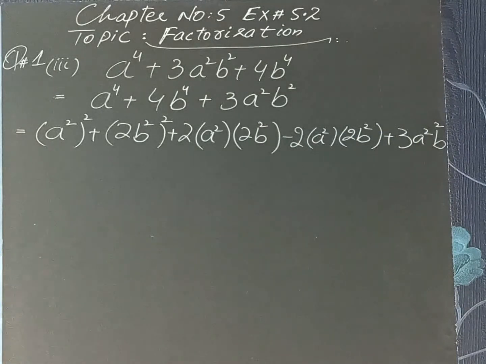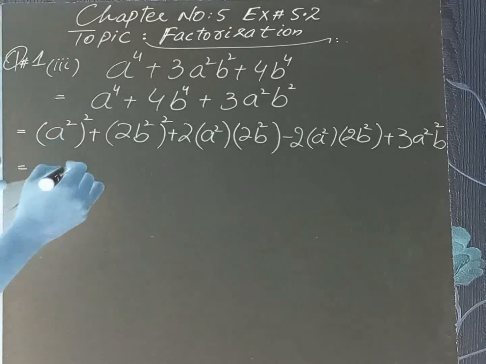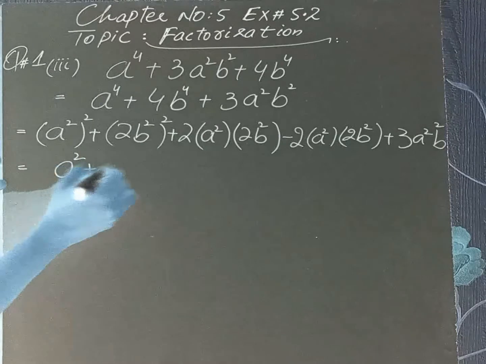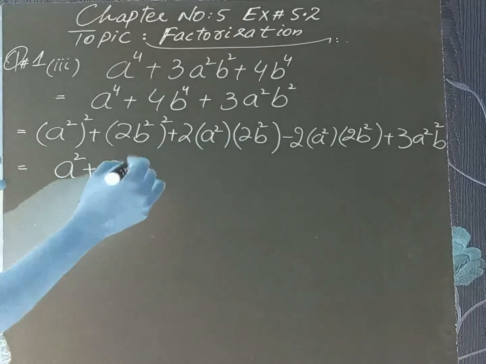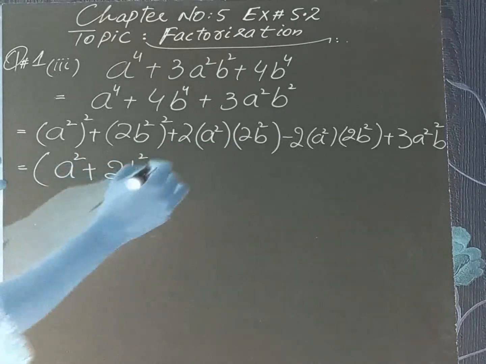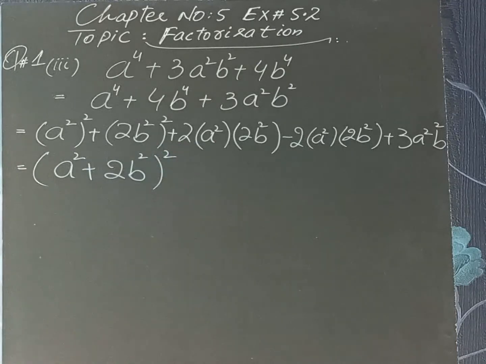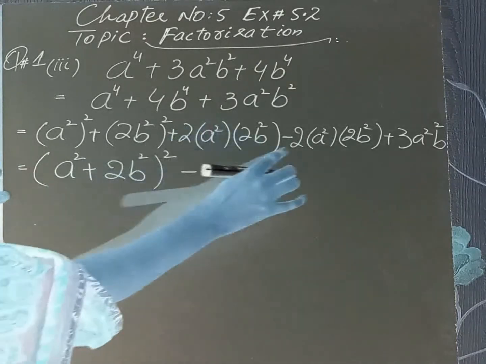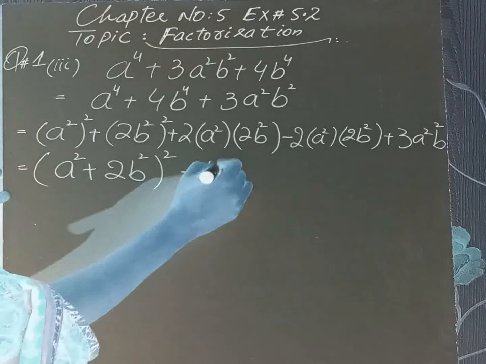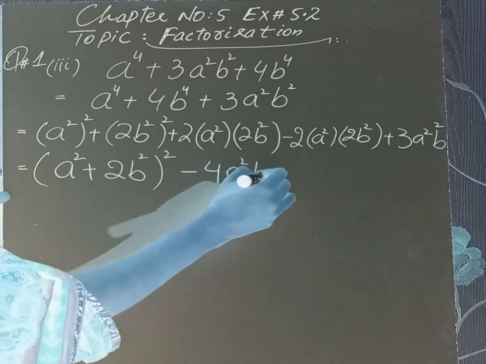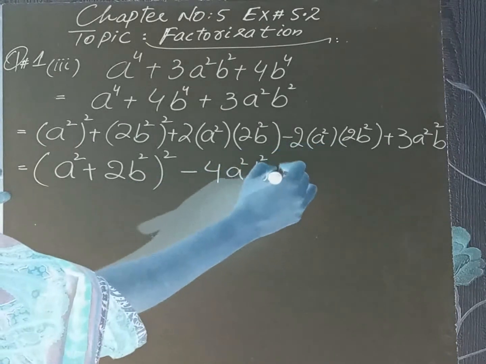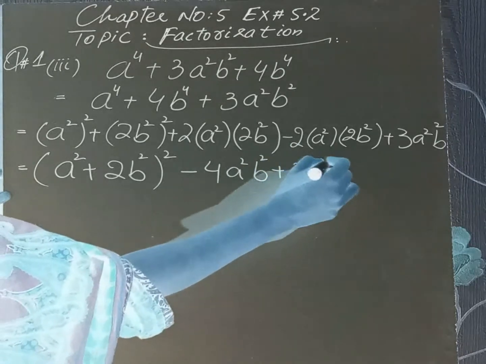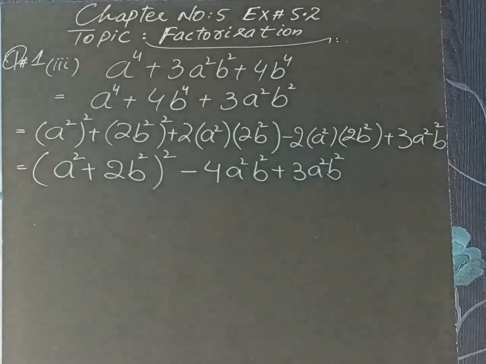You can see that this is a square plus b square plus 2ab. You can close this as a plus b whole squares. A mean a squares plus b mean 2b squares. A plus b squares minus 2 times 4 a squares b squares, and then plus 3a square b square will be right as it is.